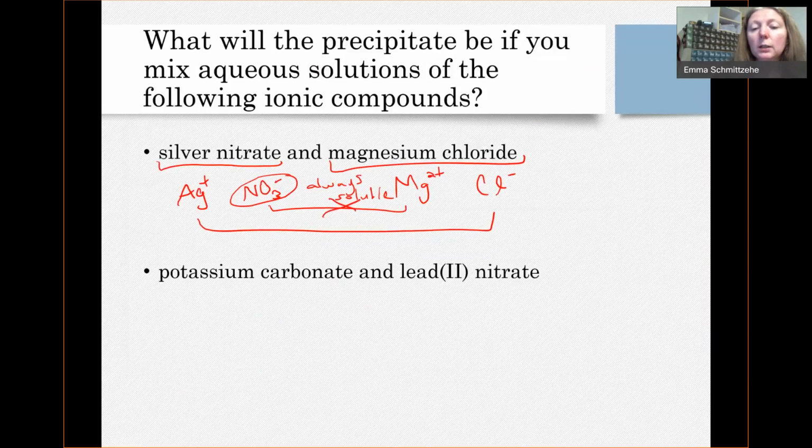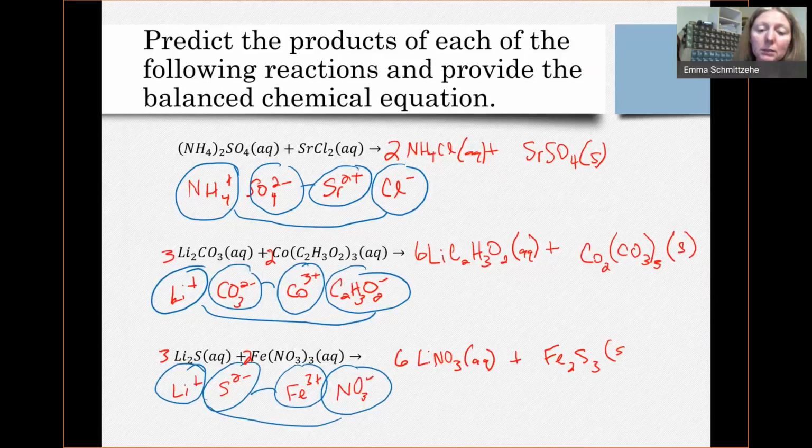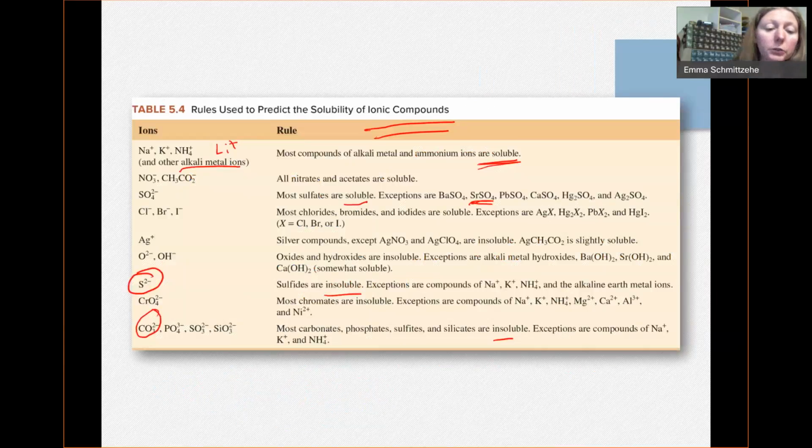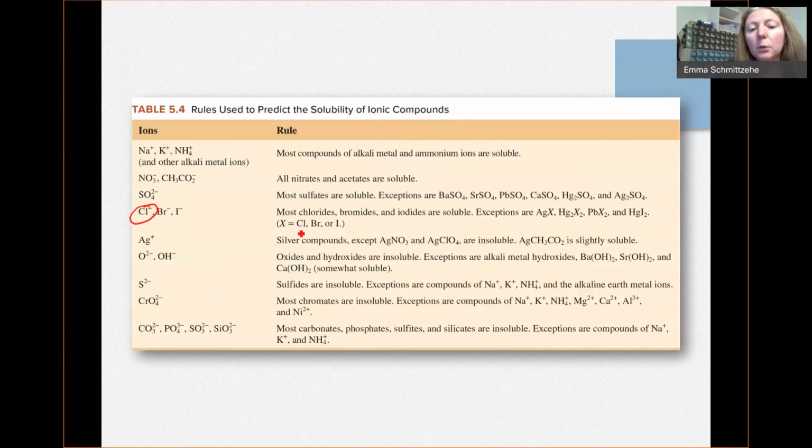Okay. So then the question is when Ag and Cl combine, is that a precipitate? And if you go back and look at the solubility table, what you'll see, focus on just what's going on right now. We've got Cl, and it says most chlorides, bromides, iodides are soluble, but exceptions are AgX, where X can be Cl, Br.